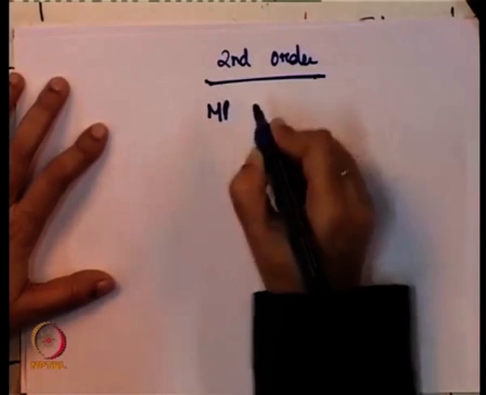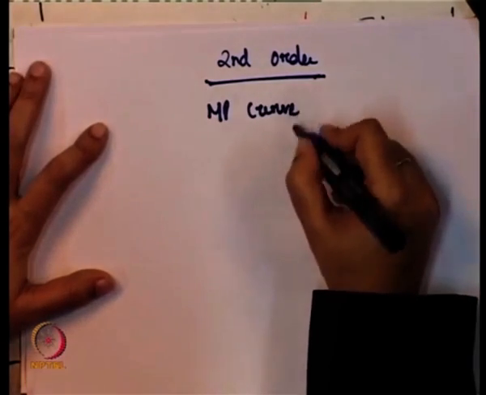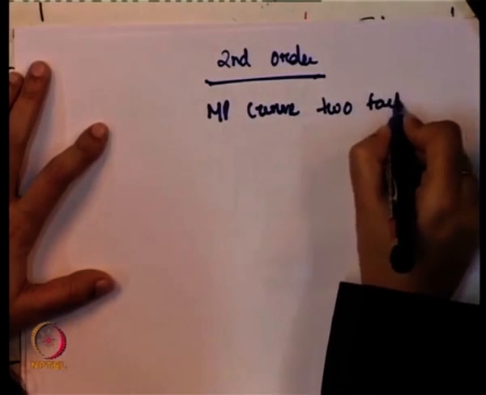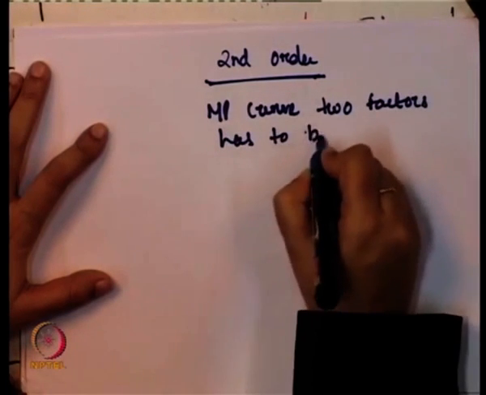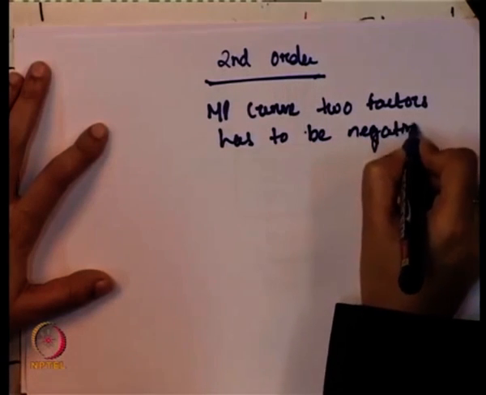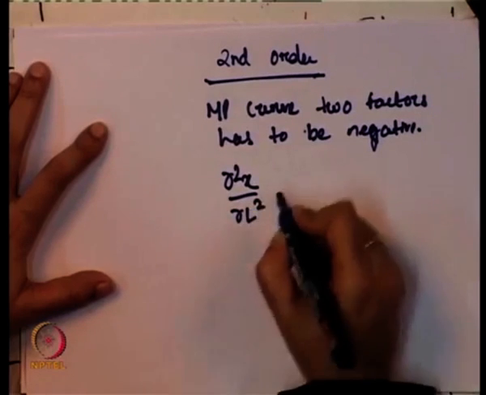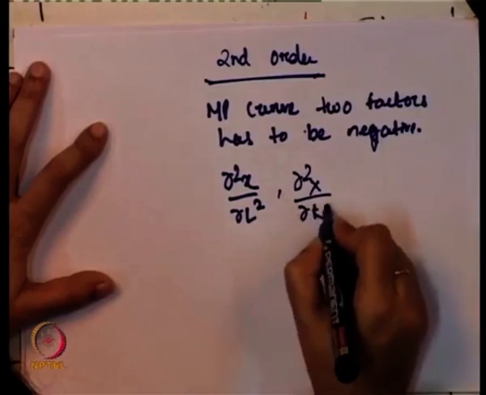This requires the marginal product curve for both the factors to be negative. So, del square x by del L square and del square x by del k square.